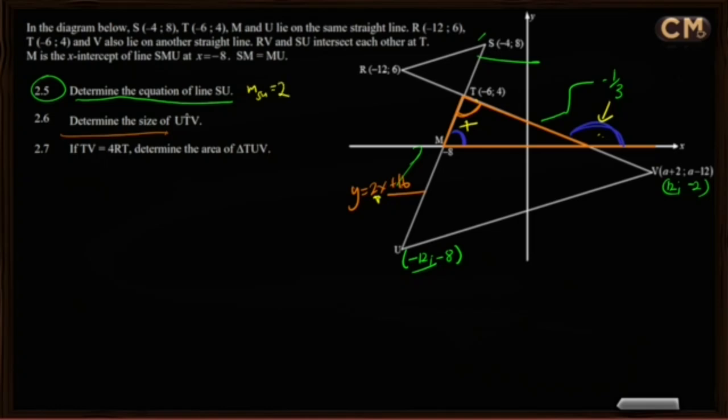We also have the inclination of RV. Remember, it's that negative 1/3. So all we'll do is calculate those two angles, and then we'll use that little bit of, as I previously stated, Euclidean logic. So the gradient of SU is equal to 2.